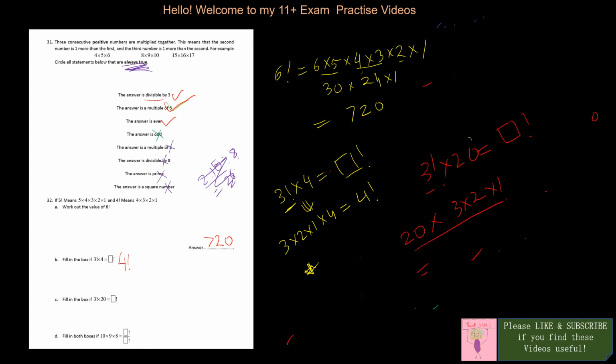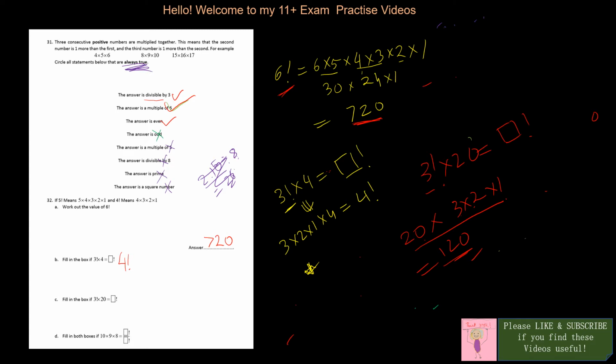So that is 120. 6 times 20 is 120. So 120 means factorial of, well, you see in the previous question factorial 6 is 720. So 120 would be less than that.